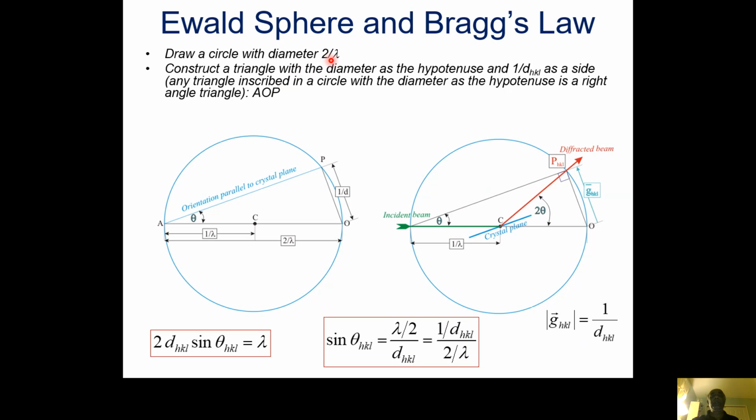Draw a circle with diameter 2 over lambda or radius 1 over lambda. Construct a triangle with the diameter as the hypotenuse, and your distance is 1 over d. From here you get this right angle triangle that will give you the diffracted beam. Then it will satisfy the Bragg equation.